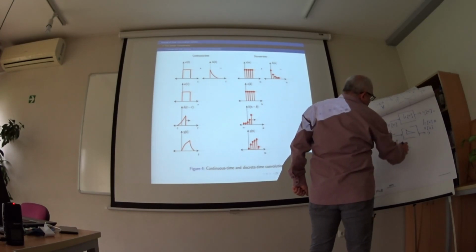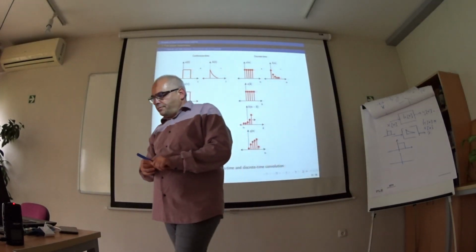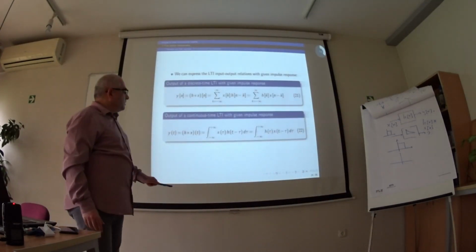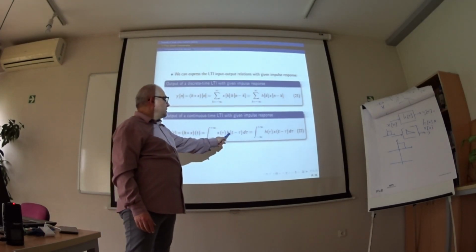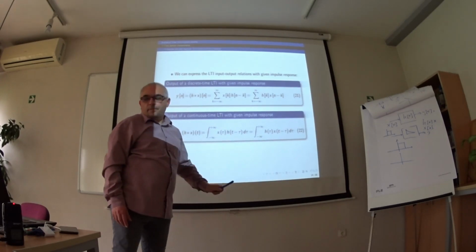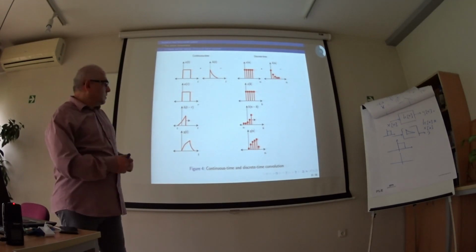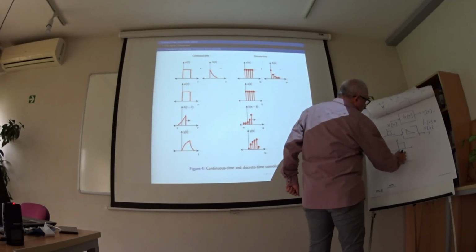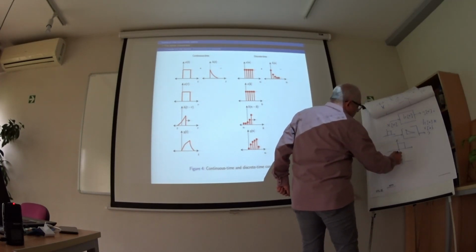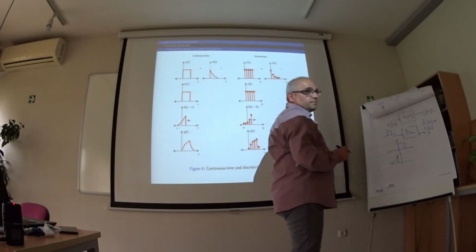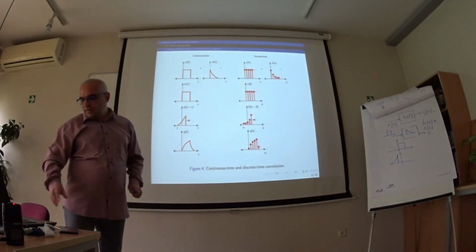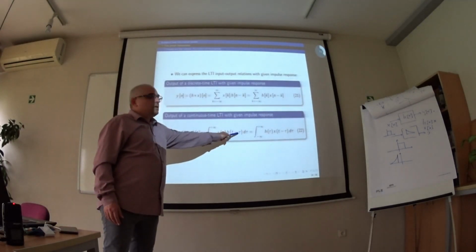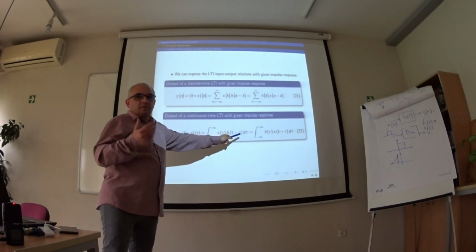This is our signal x. In the formula above, you can see the impulse response is not a function of t, but of t minus tau. This impulse response, we can flip it because we have here minus tau. This means flip in time.